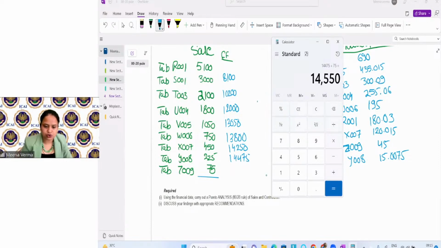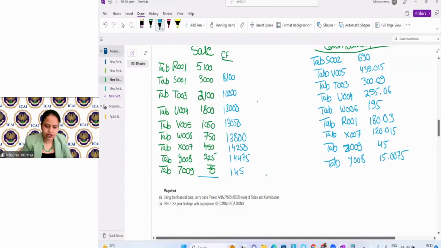So this will be the total sale. 14550 is the total sale of the company.